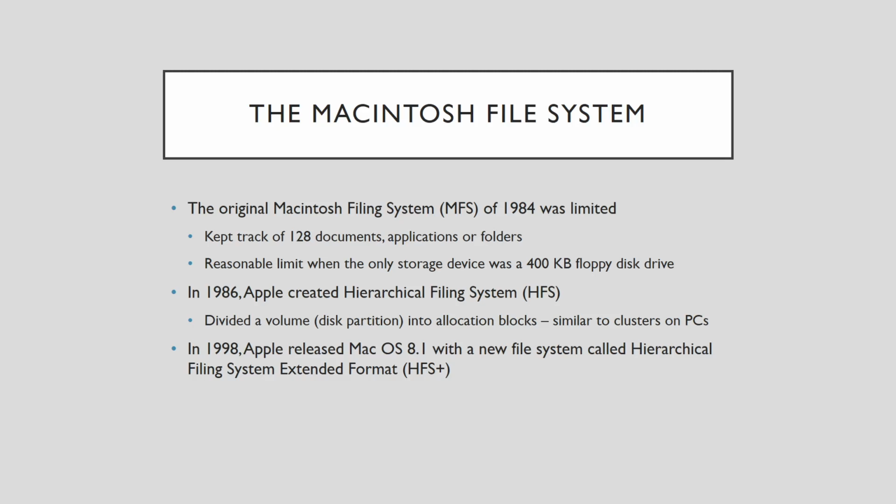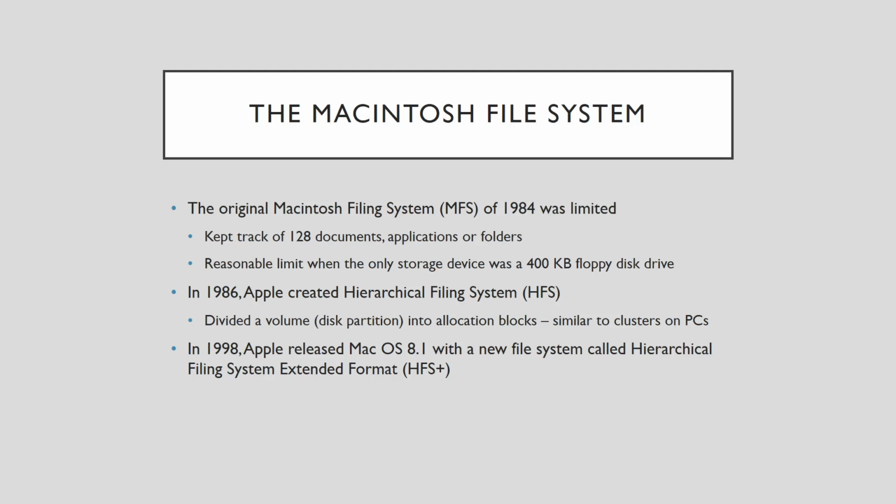As larger disks became available, however, the need for folders and subfolders became obvious, and Apple responded with the hierarchical filing system in 1986. Like FAT16, the hierarchical filing system divides a volume into at most 2 to the 16th power of units, or 65,536 units.